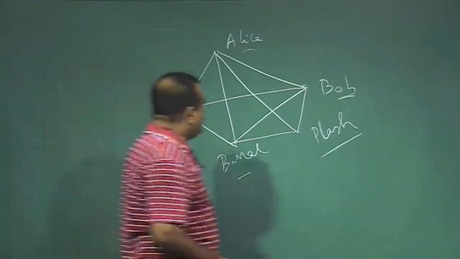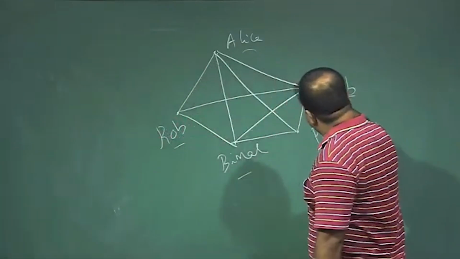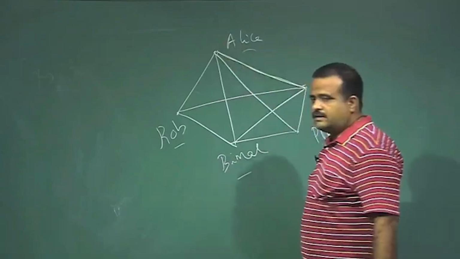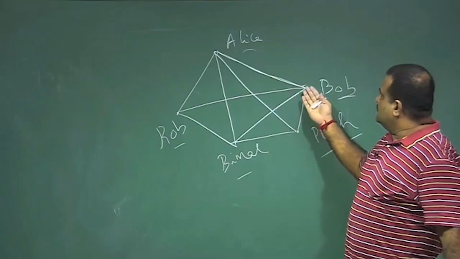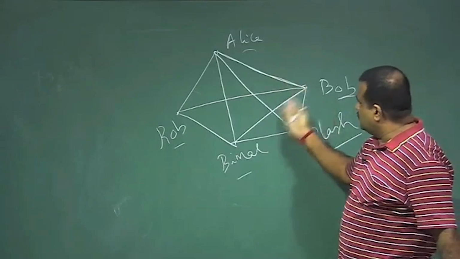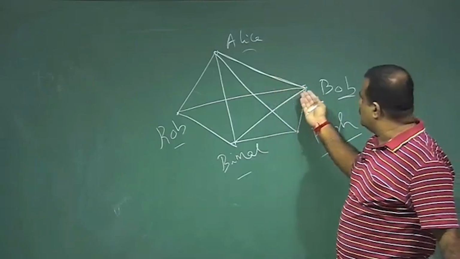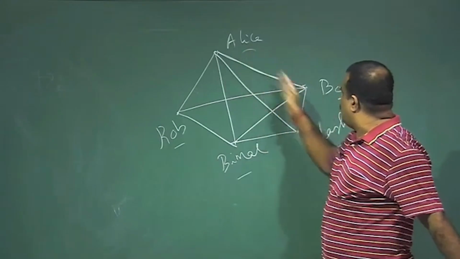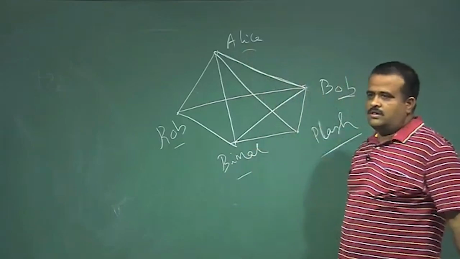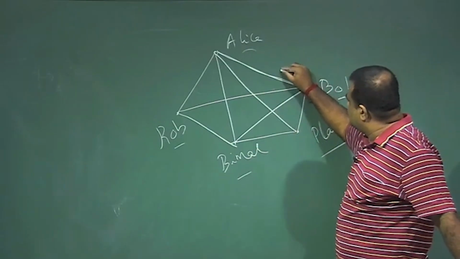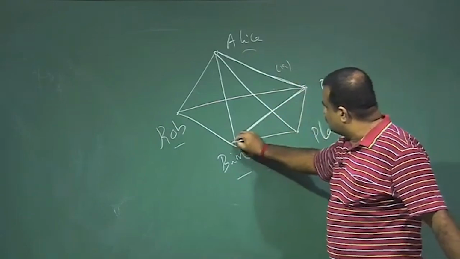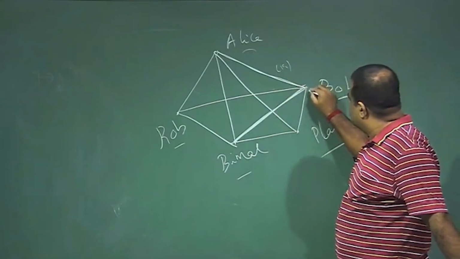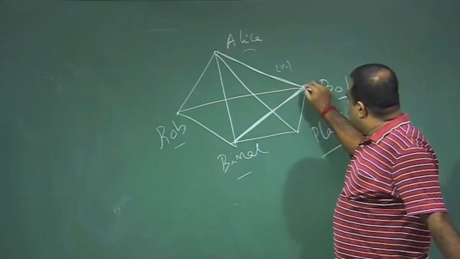Now this is a complete graph. For each of these connections we need a secret key, and that secret key we cannot use for another connection, because then whatever is communicated between Alice and Bob will be known to Bimal. So whichever key we are using here, we cannot use the same key for the communication between Bob and Bimal.